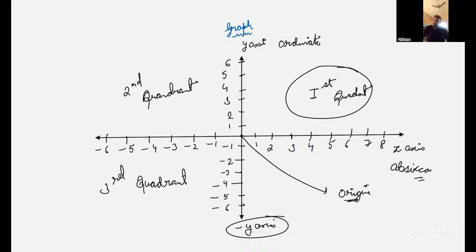And this is called the fourth quadrant. Quadrant means parts, like first part, second part, third part, fourth part. That you have to remember. Everyone got this? Say yes or no? Still any problem? Done? Shall I erase this?